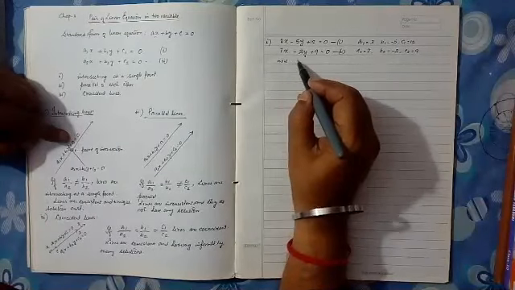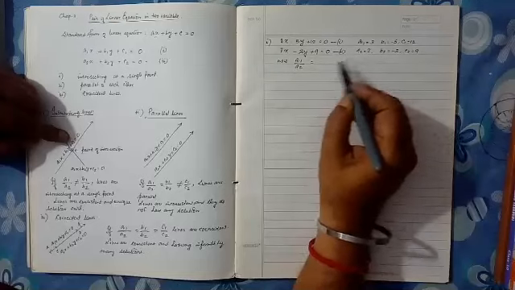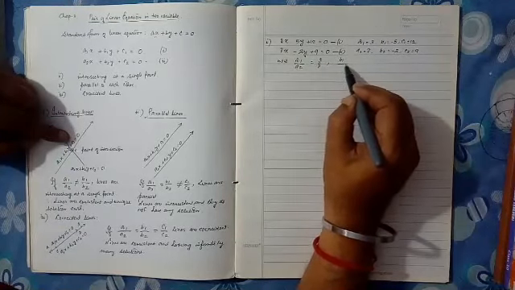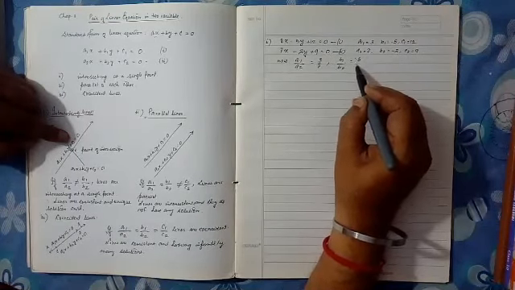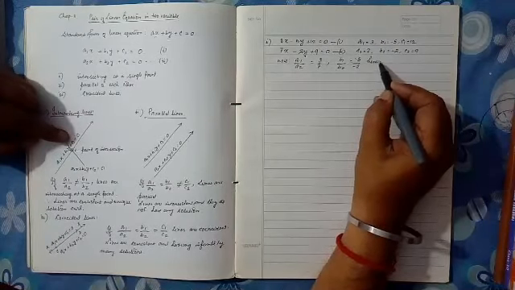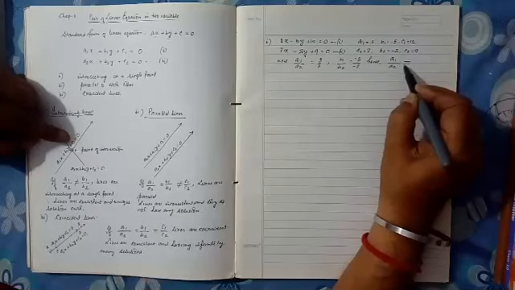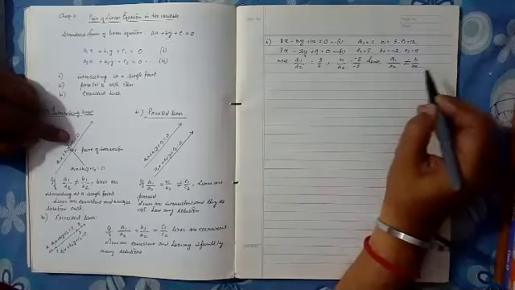Now a1 by a2 is equal to what? 3 by 7. b1 by b2 is equal to what? Minus 5 by minus 2. Hence, what we get? a1 by a2 is not equal to b1 by b2.